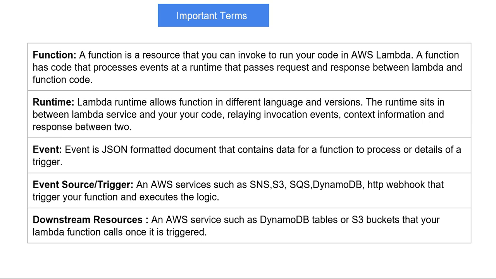DynamoDB is another AWS service, the NoSQL database service from AWS. Let's say we want to write a Lambda function that is triggered when any new record is inserted into the AWS DynamoDB table, or any existing record is updated.